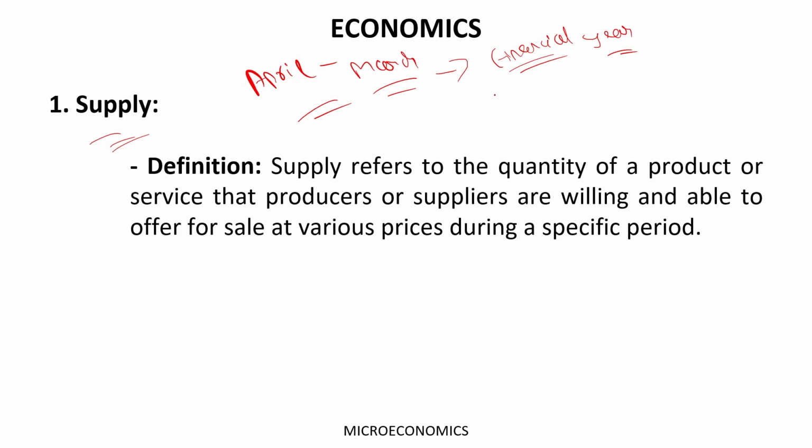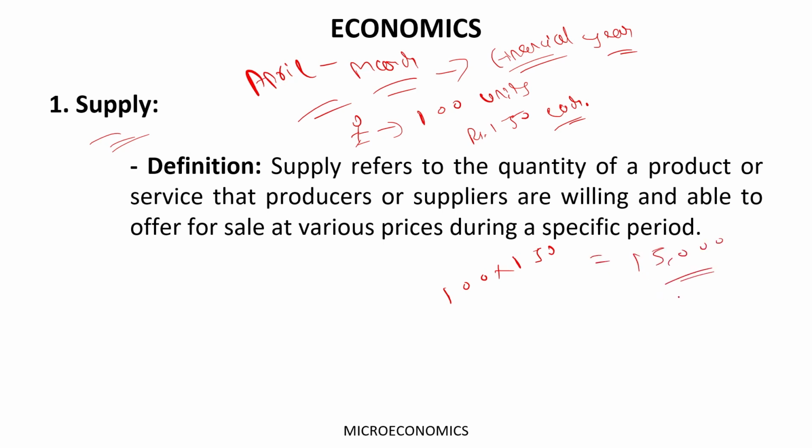So during this financial year, this person supplied 100 units with rupees 150 each. What is the total value of the units which have been supplied? 100 into 150 equals 15,000.